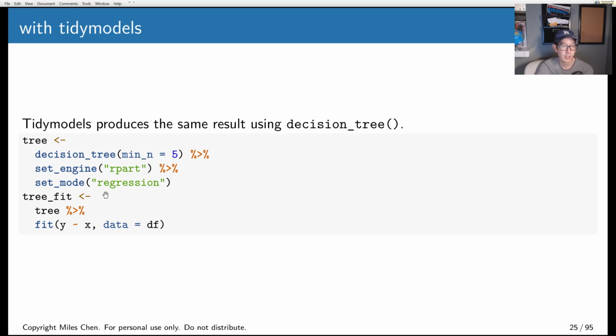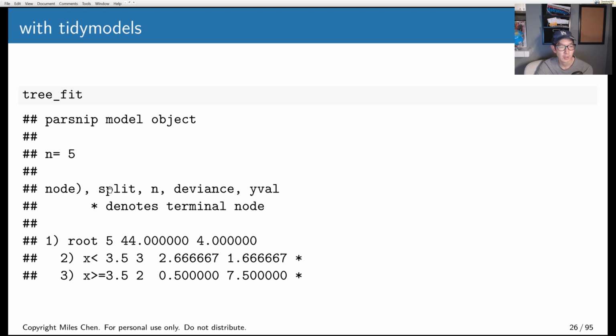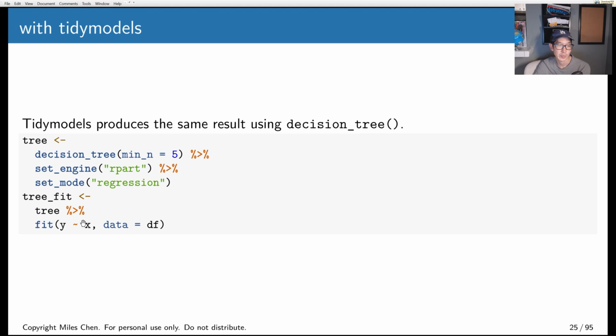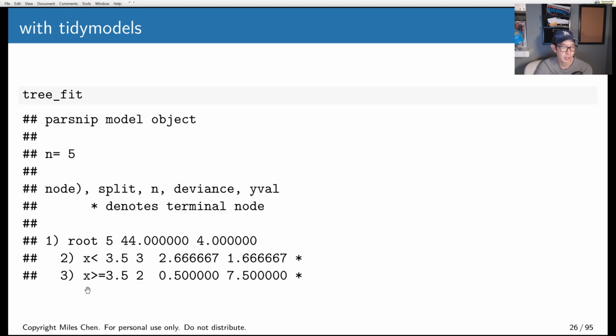And so here I'm going to say, go ahead and take that tree model and fit it to our data. Our formula is y tilde x, and we say, go ahead and fit that. Here is the resulting fitted tree, tree_fit. We get the exact same output regarding the rpart, because basically tidymodels translated our request into instructions that rpart understands, and rpart does its job and creates the same resulting tree.